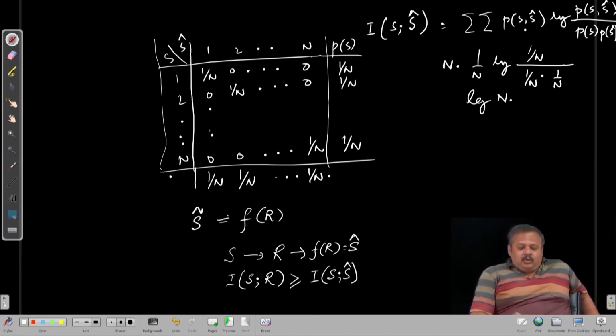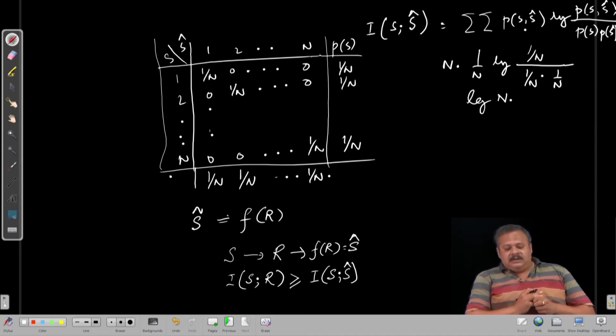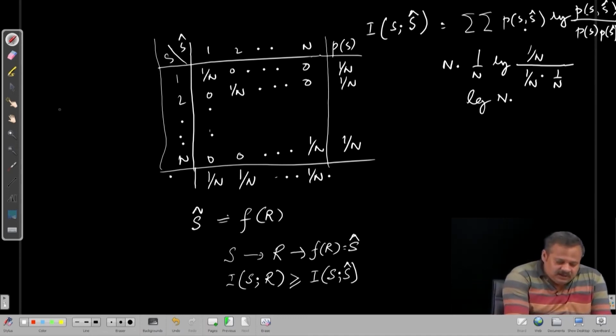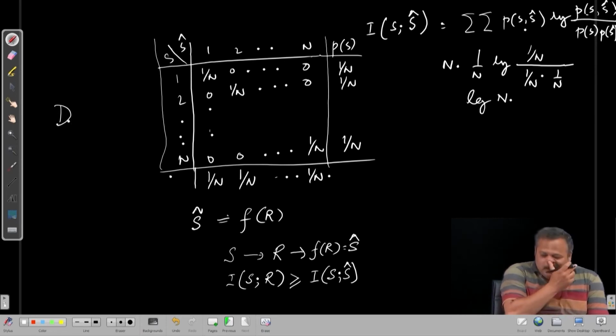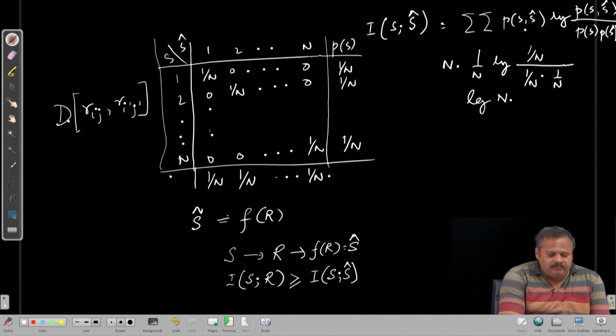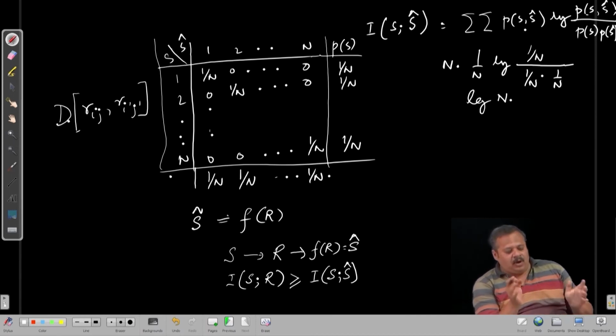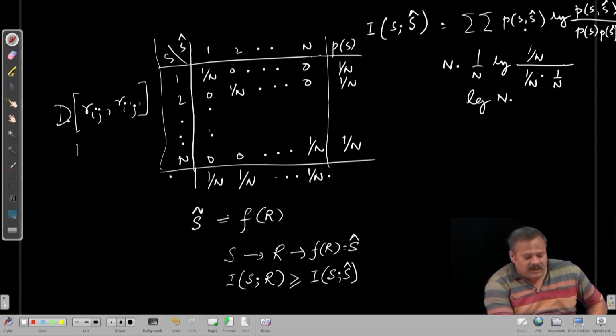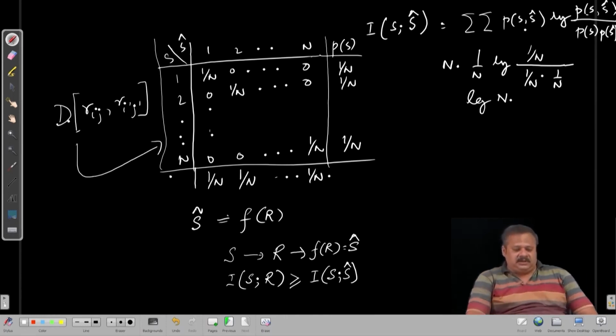With this idea, we must remember that all we have done is choose a distance metric D and operate it on two spike trains, R_ij and R_i'j'. For all combinations of i, j, i', j', based on that we have created this confusion matrix.